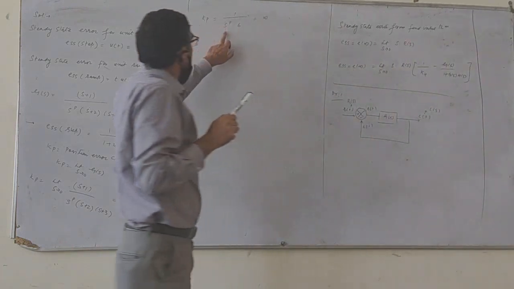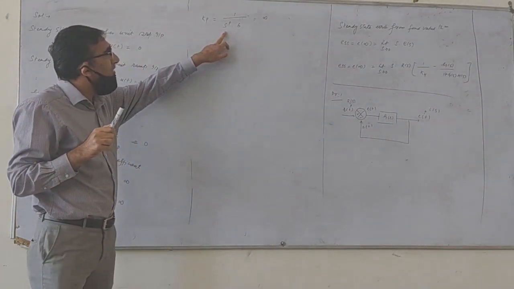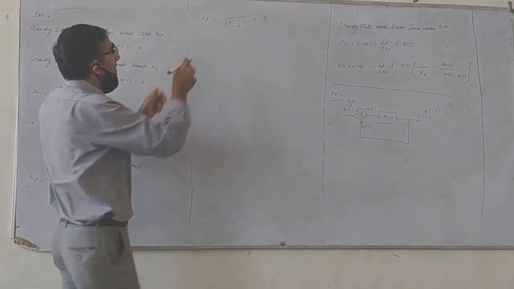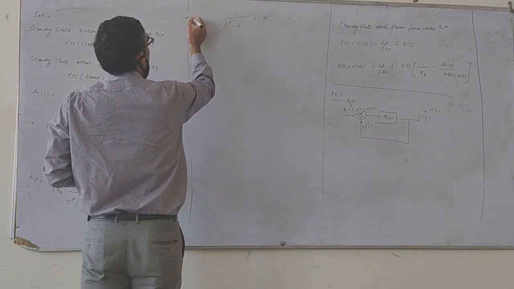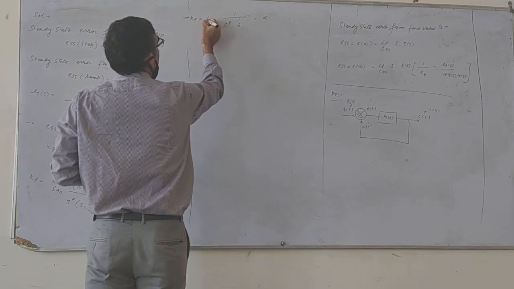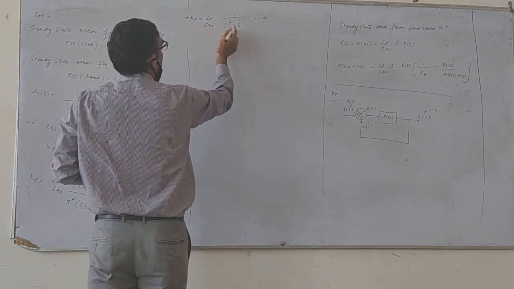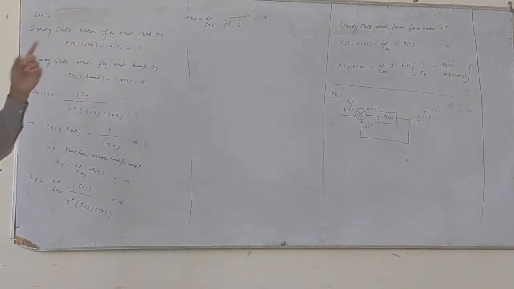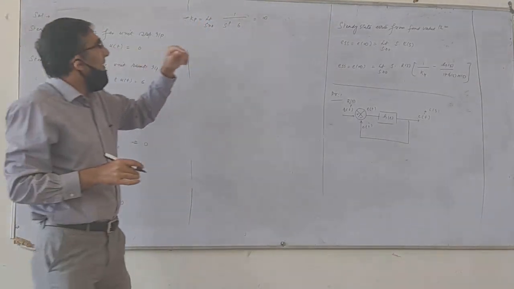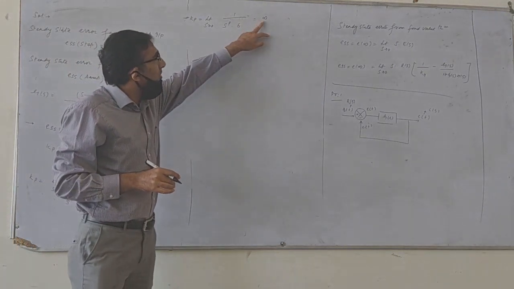This term is valid only. I'll continue to write this Kp because I have not substituted limit s tends to 0, because s is still present here. So I have to write it mathematically. What does this say? This will continue to be infinity.